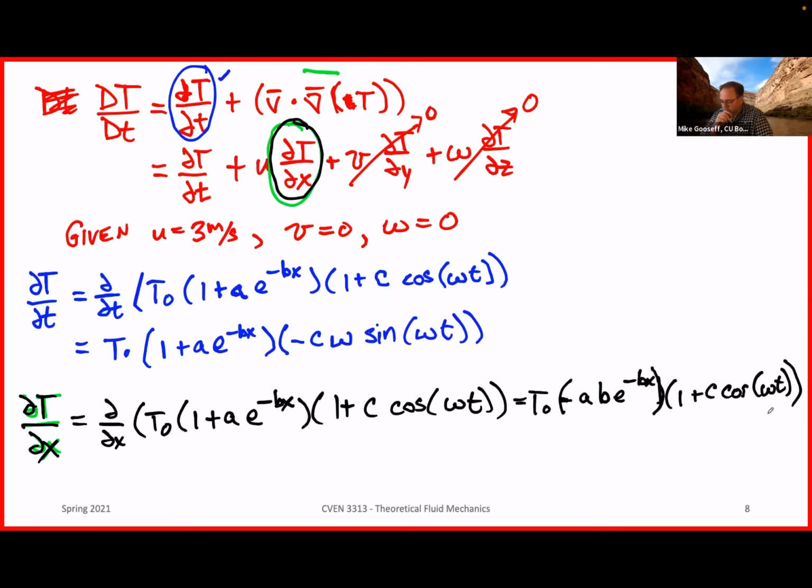Okay. And then we can put all this together. I'm going to give you guys a second to catch up. And on the next slide, we'll put these pieces together. So we've got our del T del X and our del T del T, and we know what U is, and then we can start to simplify and substitute.